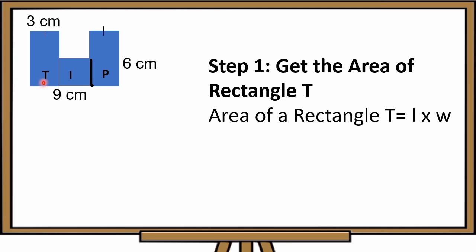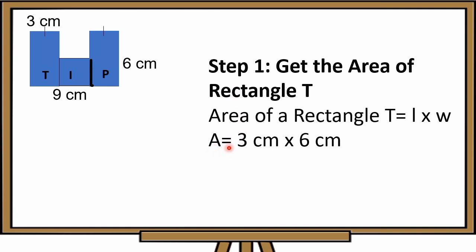Okay, so let us observe our rectangle. So this is our first rectangle, the rectangle T. Meron siyang measurement na 3 cm, and dahil congruent sila, same lang sila ni rectangle dito sa kabila, which is the rectangle P, na merong width na 6 cm, of course, 6 cm din ang width ni rectangle T. So let us solve.